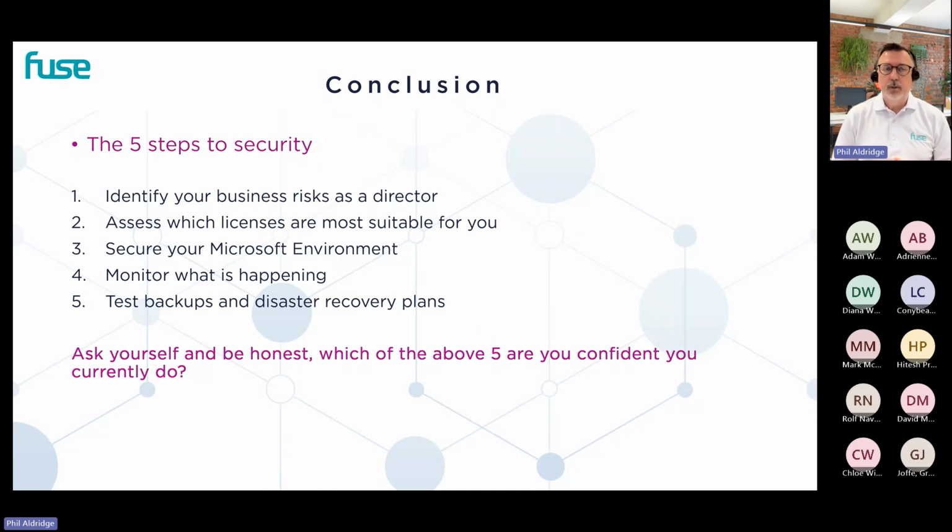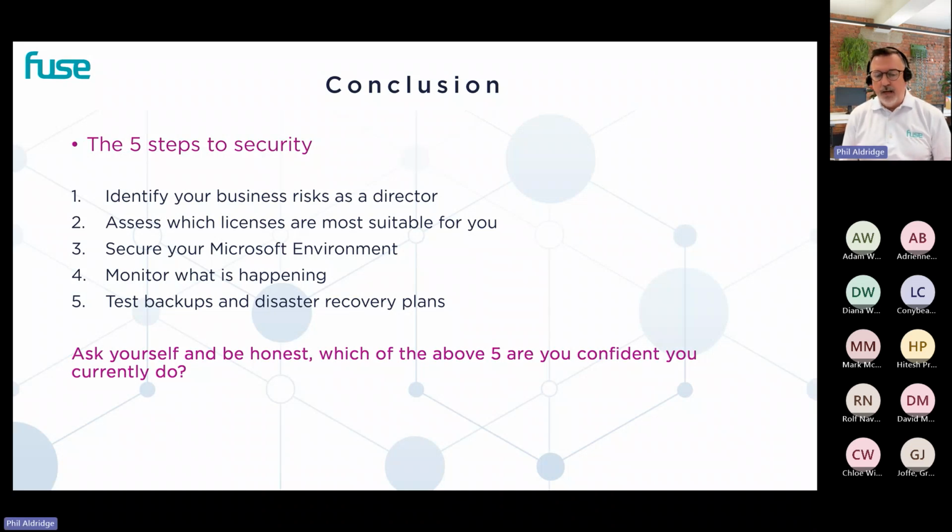A lot of the time, the IT department don't know what is important for the directors to know. The directors don't know what to ask. So you need to be making sure that you're enabling your directors with the correct information so that they can report to the board on the business risks around cybersecurity.